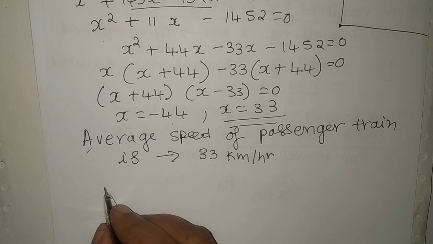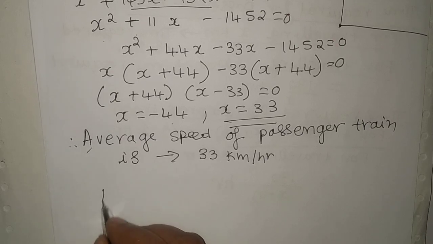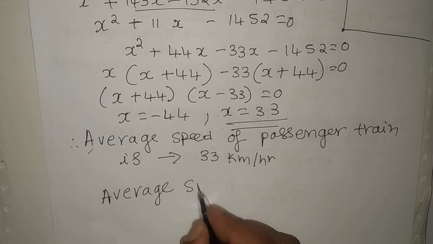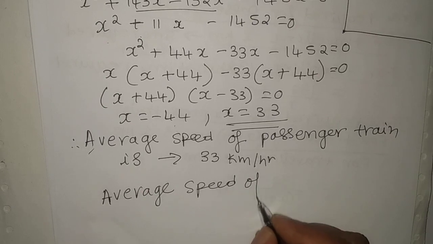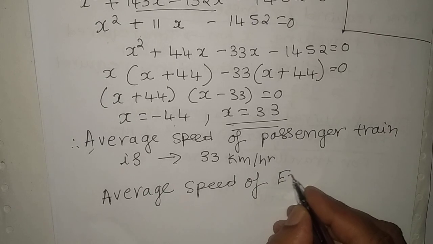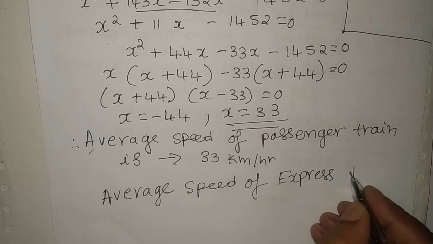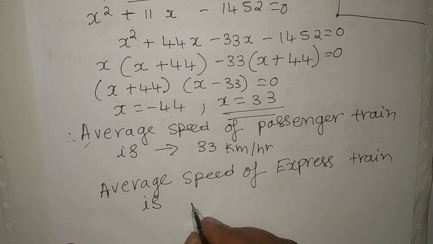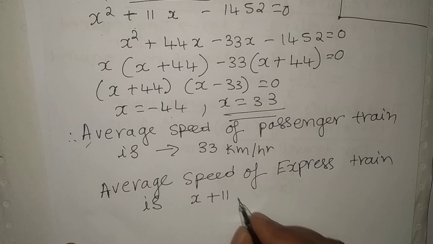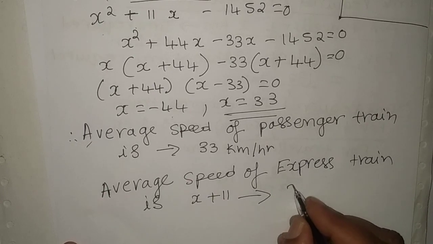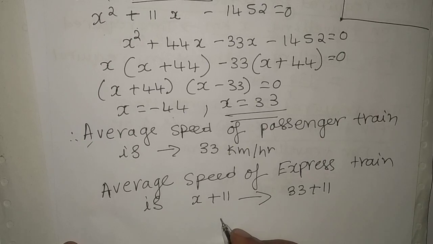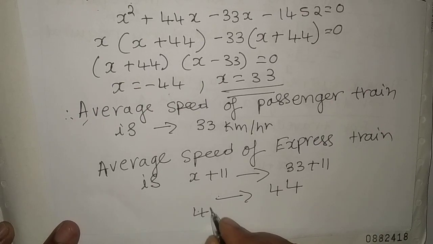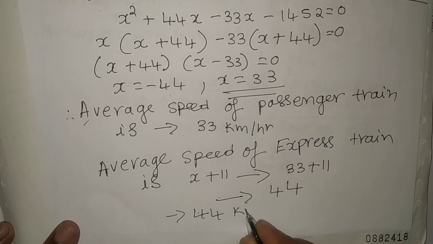For the express train, we write one more statement. The speed of the express train is x plus 11. Substituting x, we get 33 plus 11, which is 44 kilometers per hour.